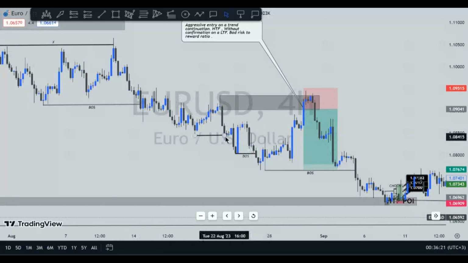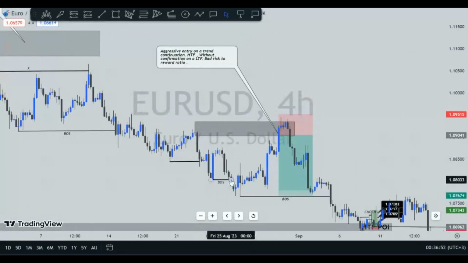After this break of structure right here, this is not a break of structure because this is just a sweep. So we transfer this break of structure to this point because these candlesticks closed below this low.